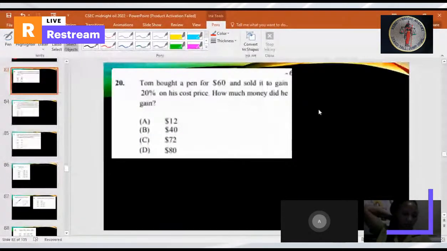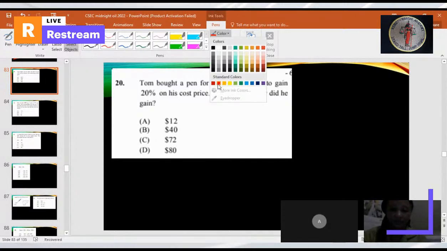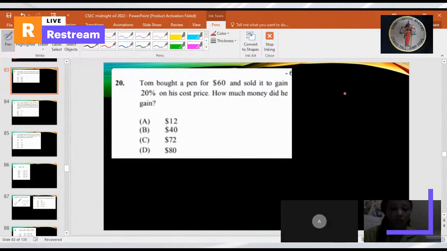Tom bought a pen for $60 and sold it to gain 20% of his cost price. How much money did he gain? All right, what am I to do? He gained 20%. No, he gained 20% of $60.